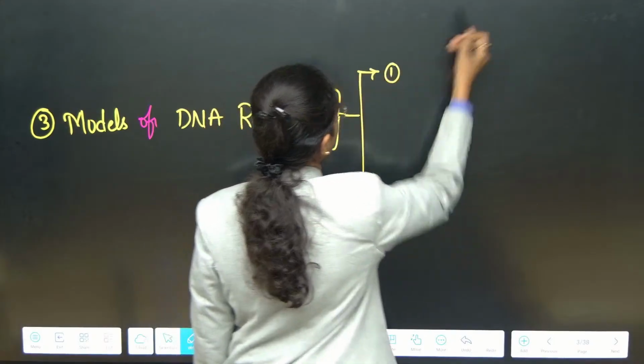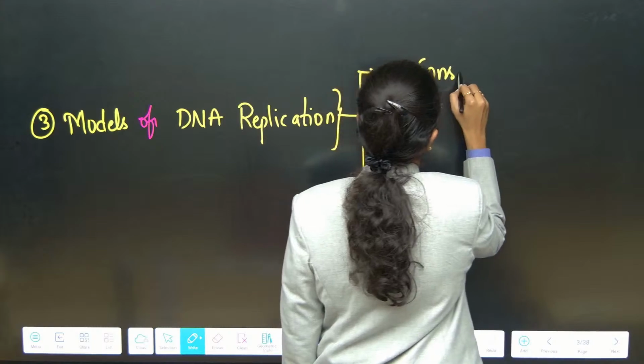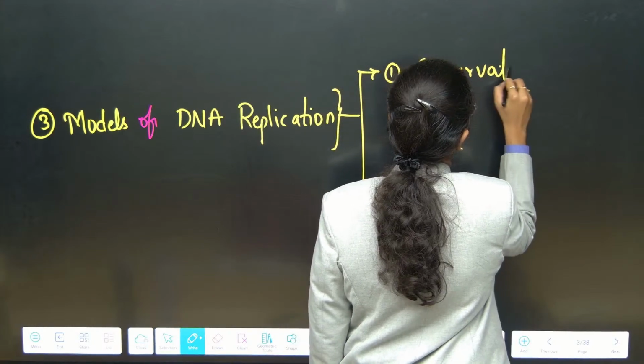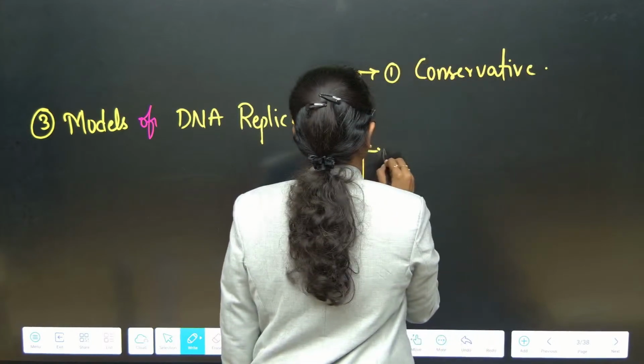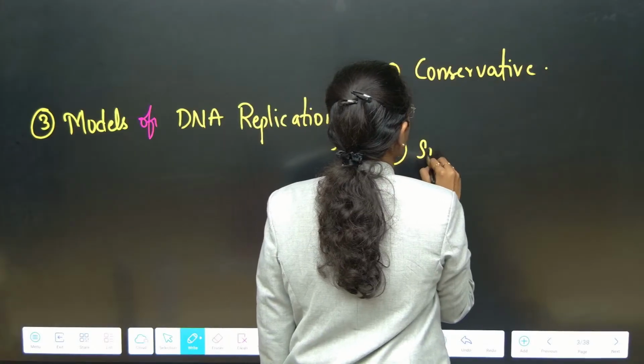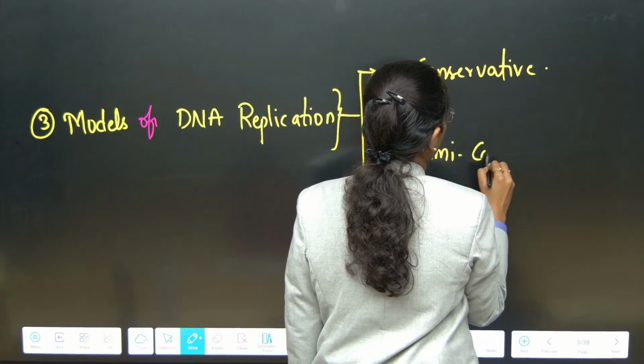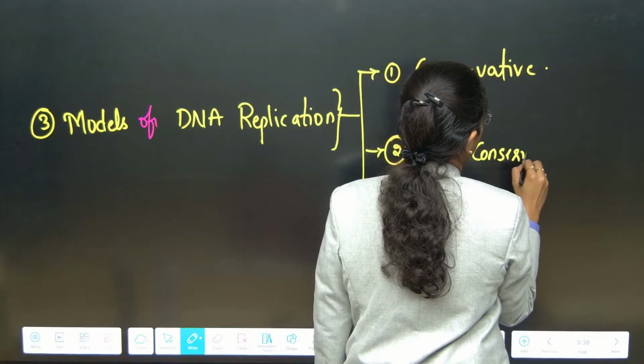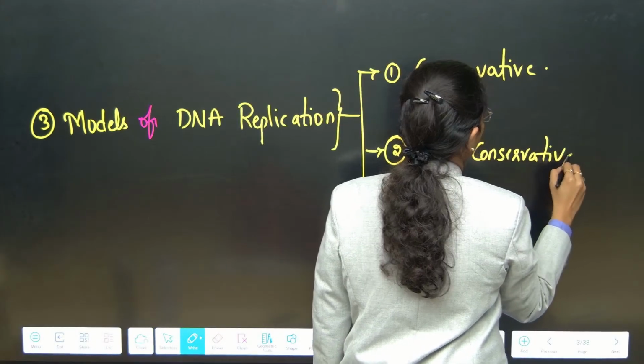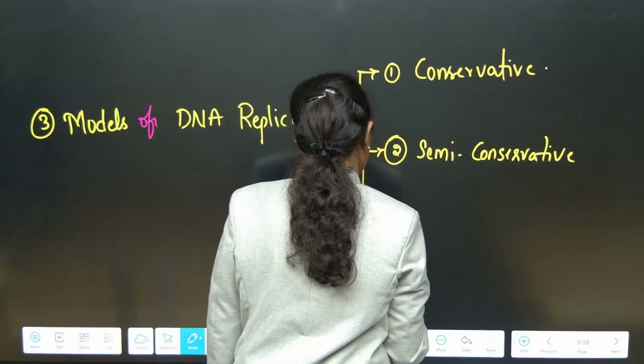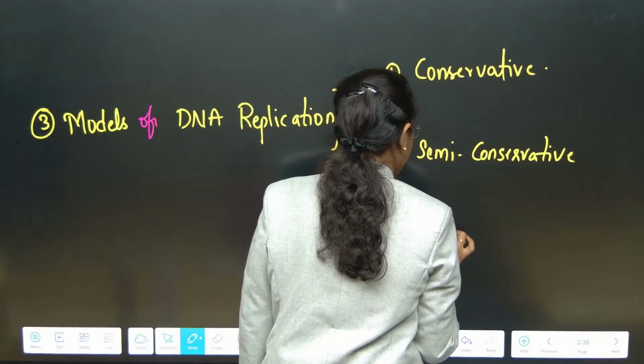First is conservative model. Second, semi-conservative method of DNA replication. Third will be dispersive method.